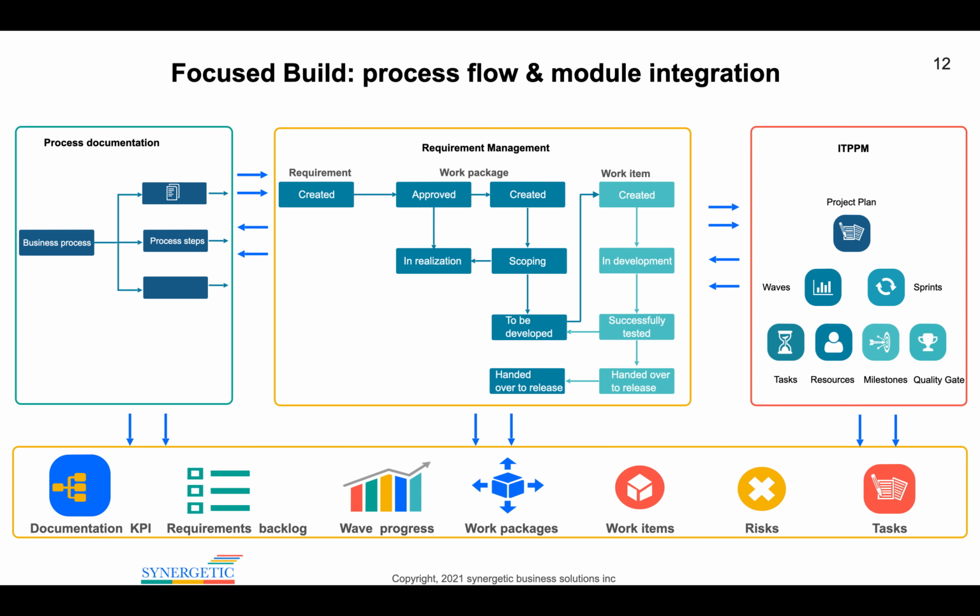For example, the process gets linked to the requirements, as well as the work packages and the work items, which are basically the change documents. The requirements have to carry the wave they belong to, the work package needs to have the wave information, and the work item needs to have the sprint, along with the progress and the statuses.